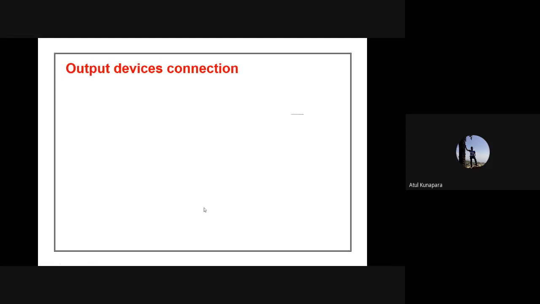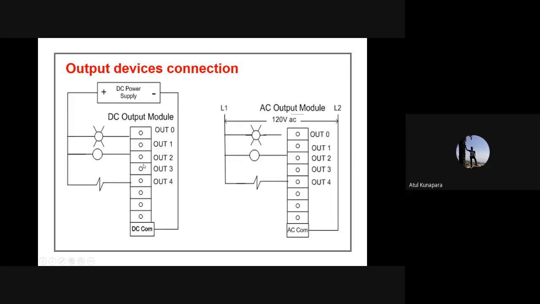Now, how is the output device connected? In output device connection, there are again two types. If you have a DC output module, it provides a DC output. When your output is required to be triggered or turned on, it provides the positive signal at that output pin.